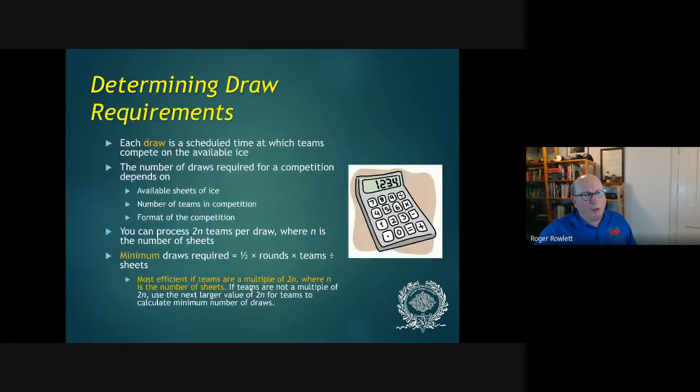All right, so now we know how many draws we need, right? So let's say you've got 16 teams in your event, so we'll have a little quiz, and you've got 4 sheets in your club. How many draw times do you need to complete your event, minimum? And don't everybody jump at once.